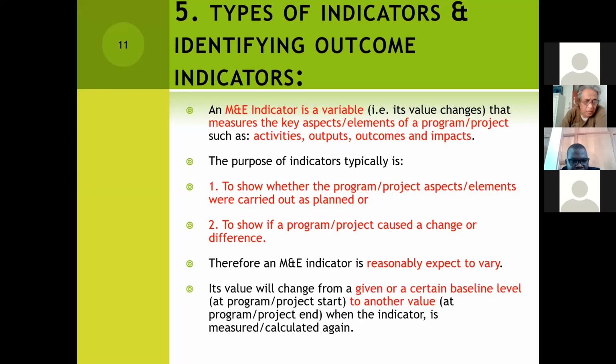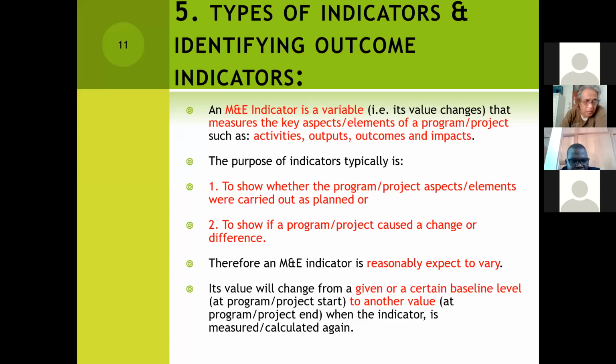Their values will always change from a certain baseline level at the project start to another value at the project end, and then the indicator will be measured or calculated again. That becomes very important for us to understand.